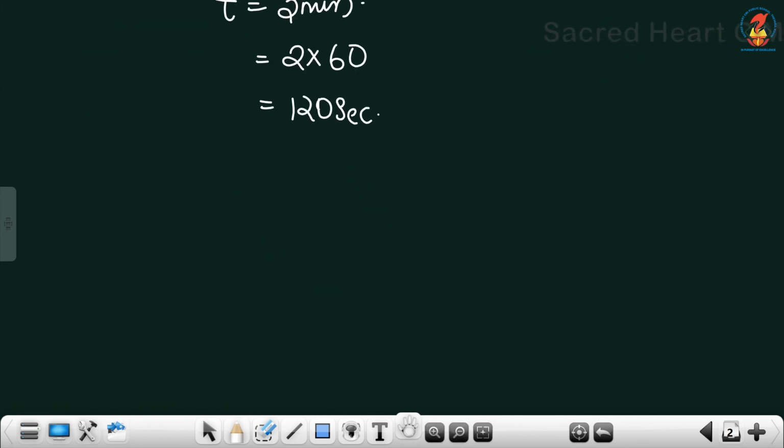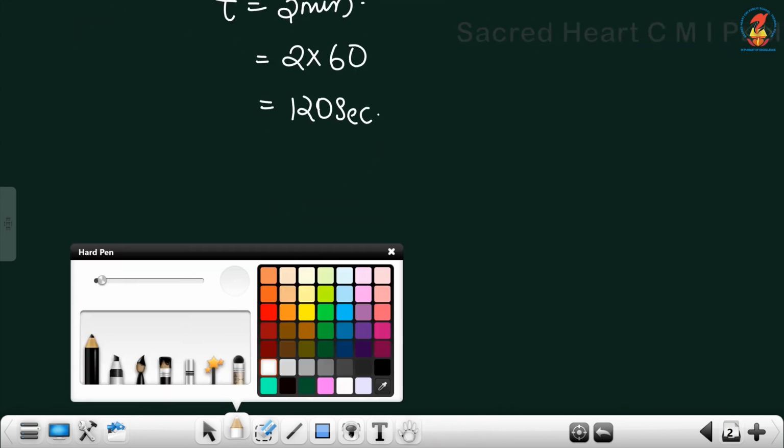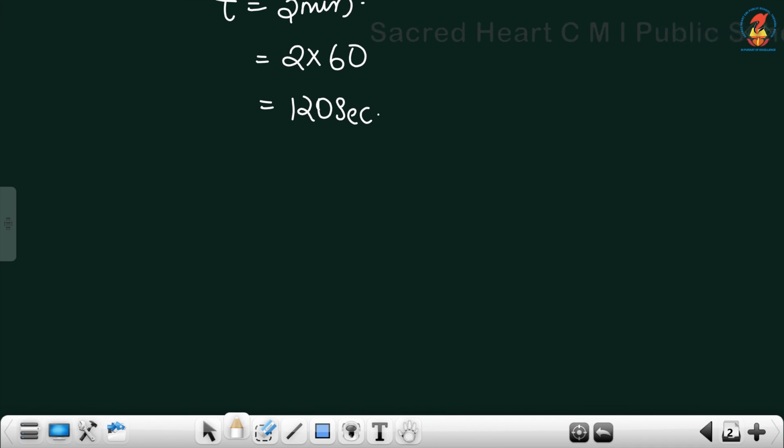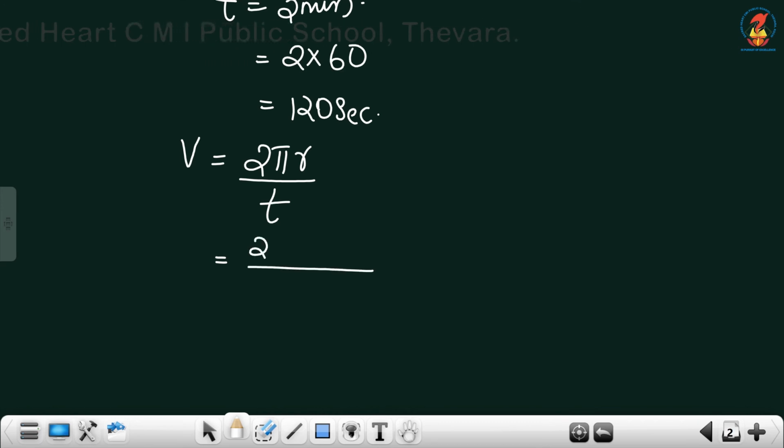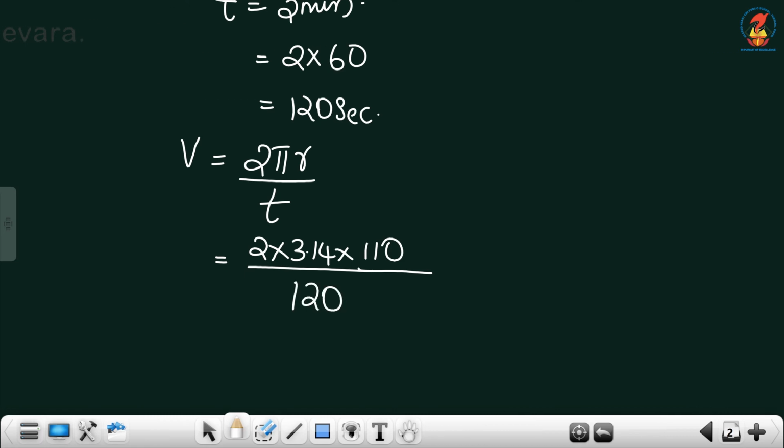Now, write the equation. What is the equation to find velocity or speed in circular motion? V equal to 2 pi r by t, that is 2 into 3.14 into, what is the radius? 110 divided by 120.